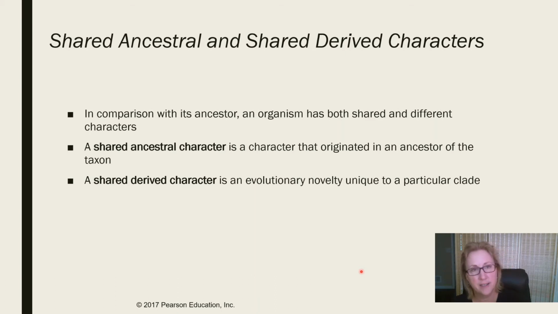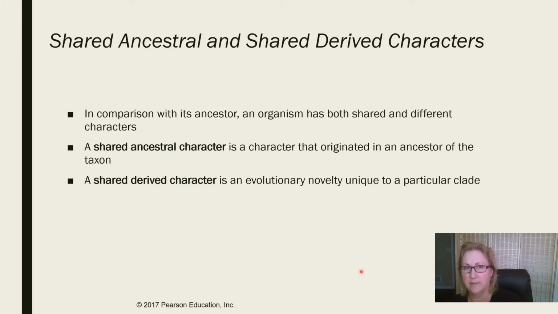A shared ancestral trait would be something that's shared by most members of the group. So within the lizard lineage that I showed you, a shared ancestral trait would be to have 4 limbs. Even though snakes and glass lizards have lost that trait, an ancestral trait for the lizard lineage would be having 4 limbs.